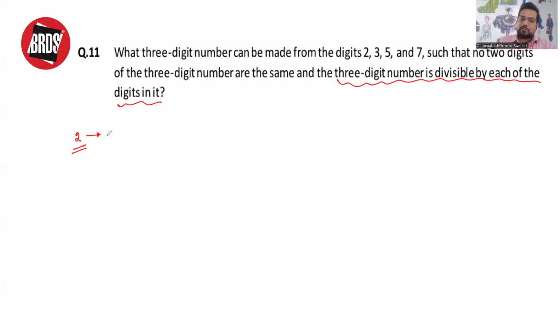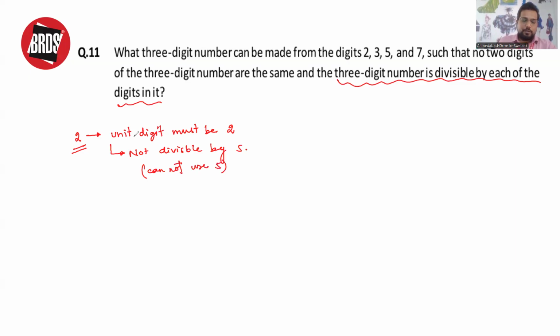If the number has to be divisible by 2, that means definitely the unit digit must be 2. And if the unit digit is 2, that means it is not divisible by 5, so I cannot use 5.